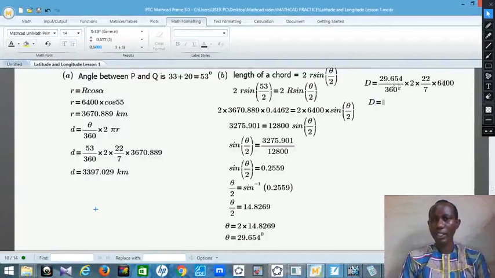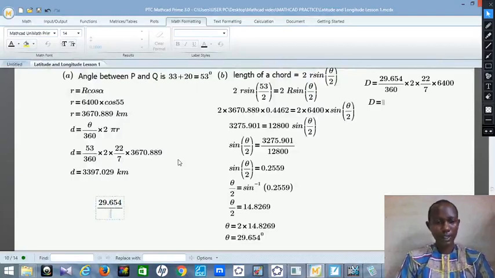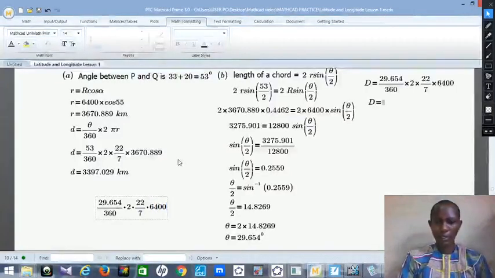Use your calculator and get your answer directly. 29.654 divided by 360 times 2 times 22 over 7 times 6400. I put it in decimal.